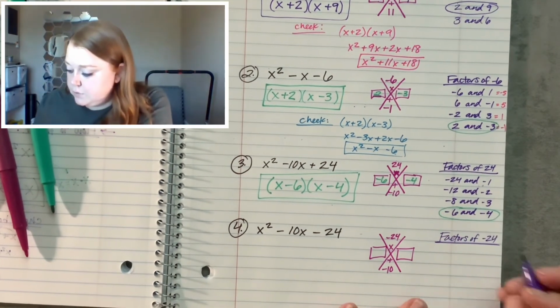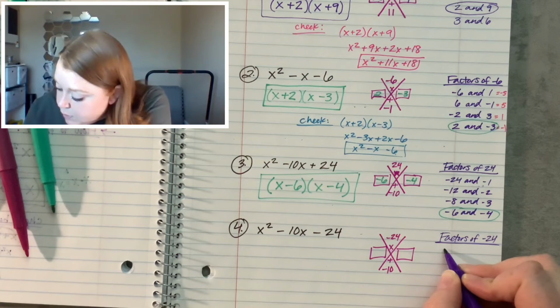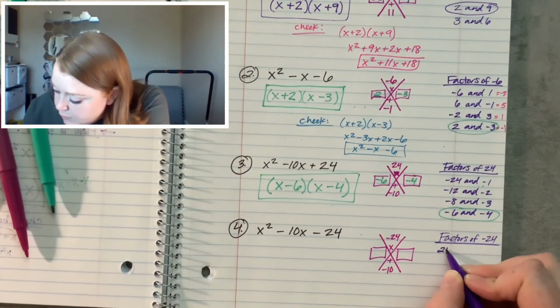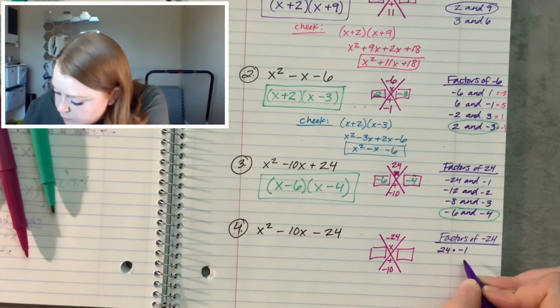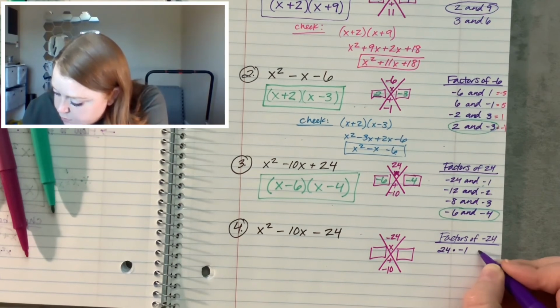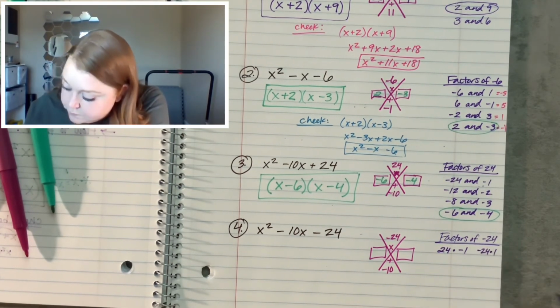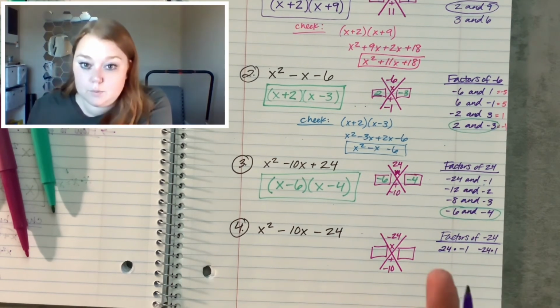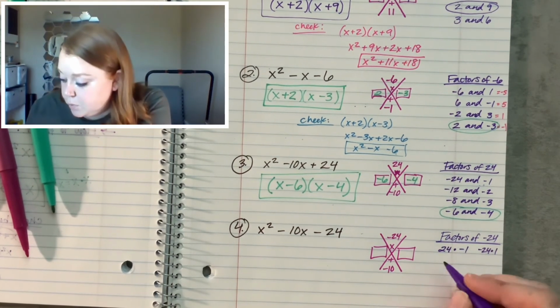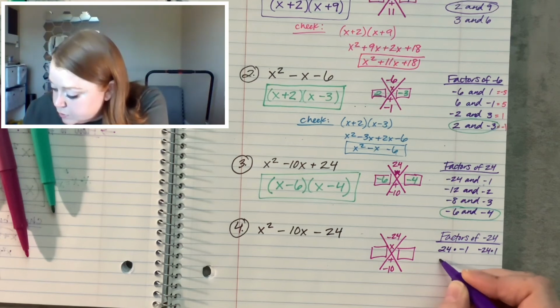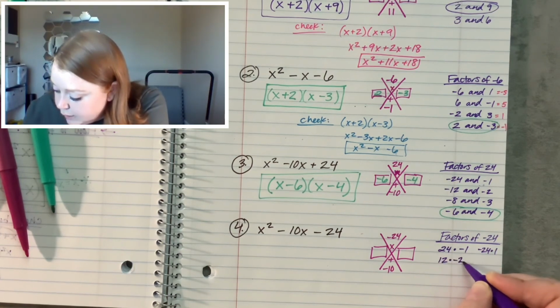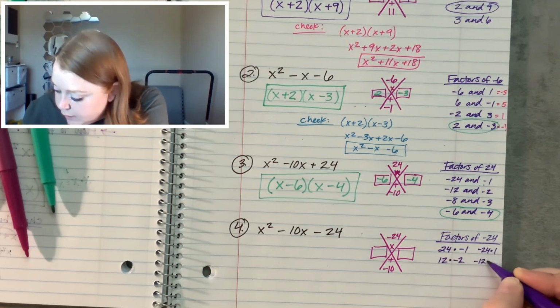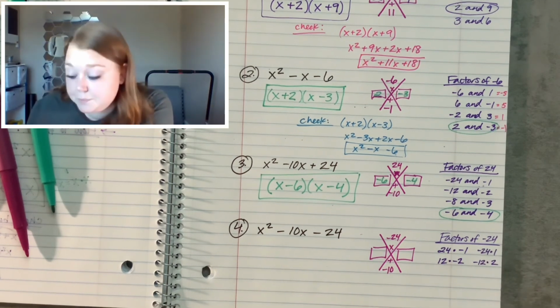Okay, factors of negative 24. So I could do 24 times negative 1. I could also do negative 24 times positive 1. Okay, so both of those end up being negative 24 when I multiply them. I can do 12 with negative 2 or negative 12 with positive 2.